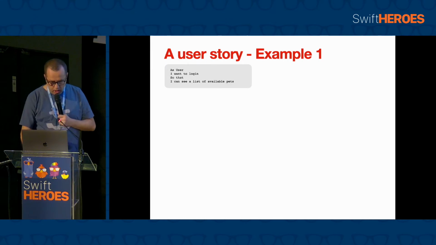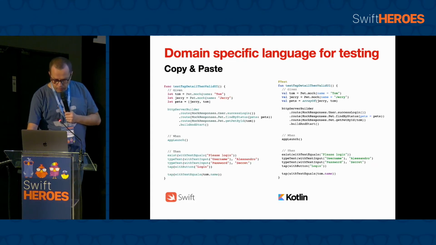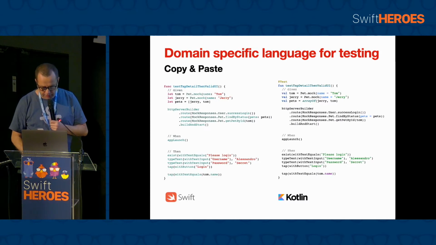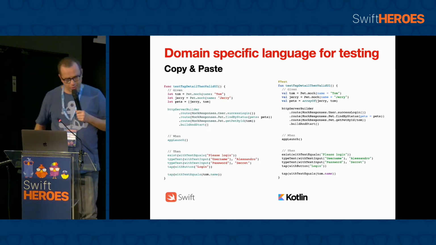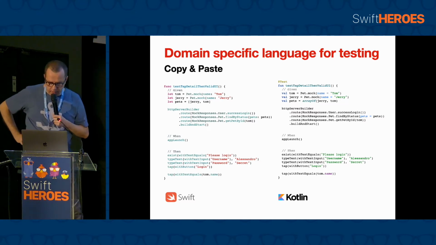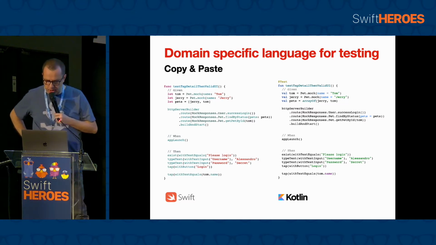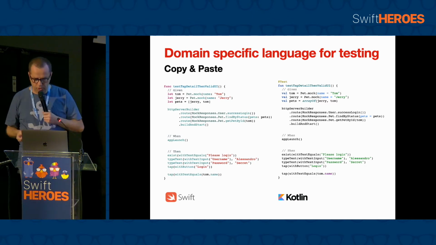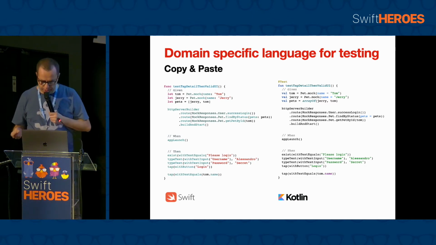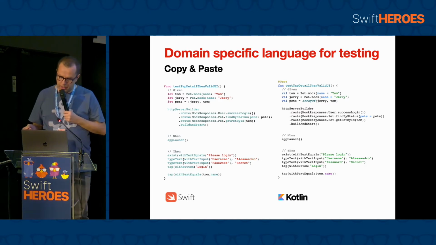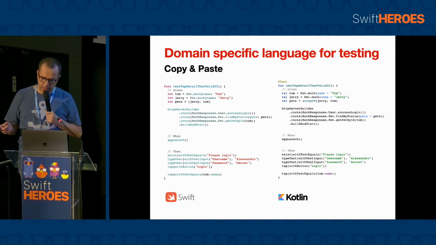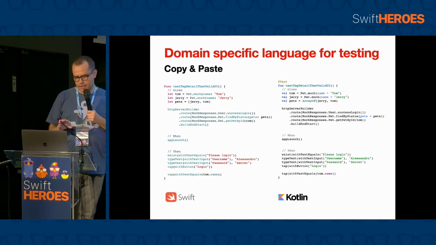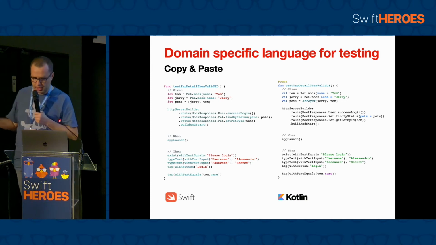Why do we want to write the test, to describe the expected behavior, only once? Because we don't want to waste time translating a description, a test, from one language to another one.